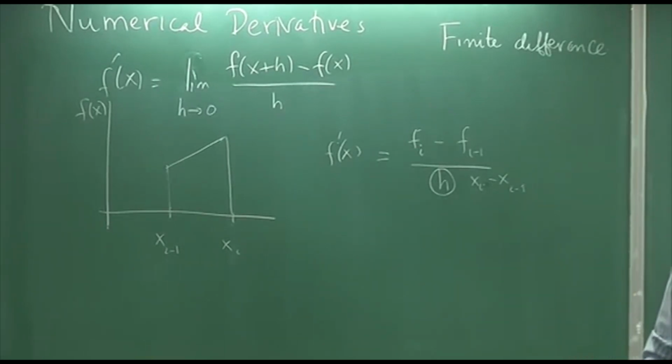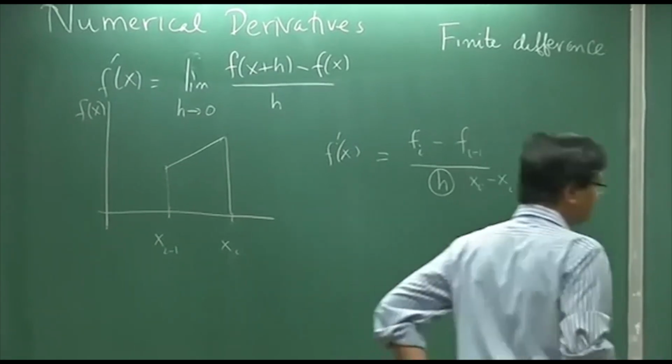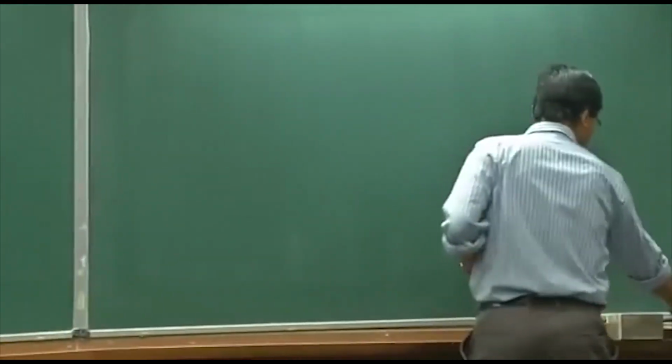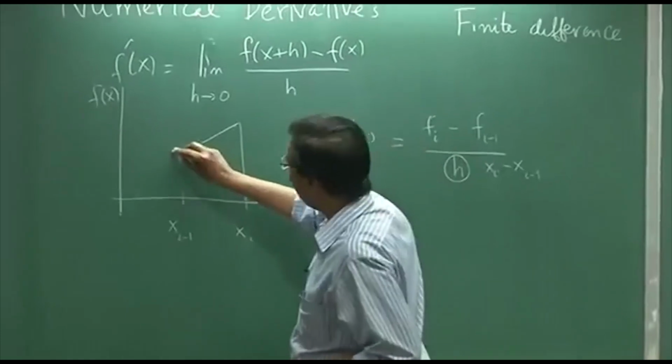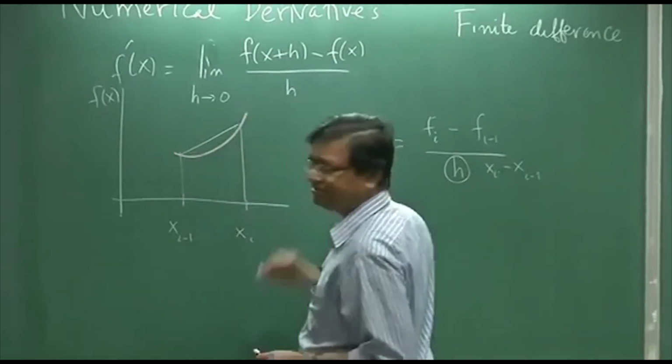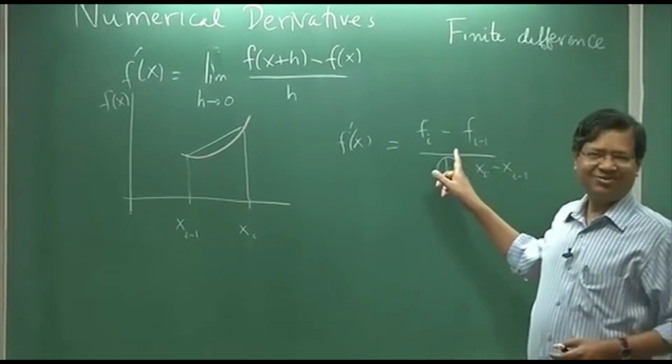For linear functions this formula is accurate, but if the function is not linear, just imagine that I have a function going through these 2 points but like this. Now this formula is not good, right.